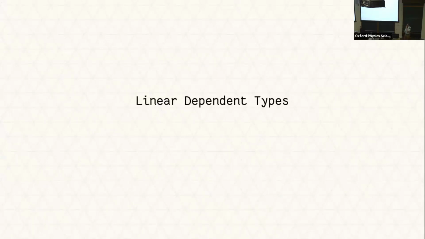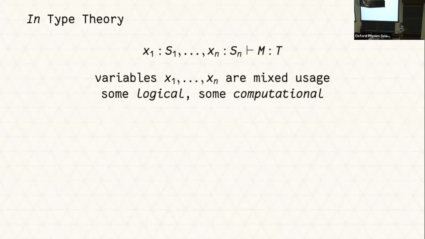But what I want to do now is try to work out how to embed this linear discipline for keeping to polynomial time into dependent types. And the fundamental problem here, sort of crudely put, is the syntax just doesn't work out.